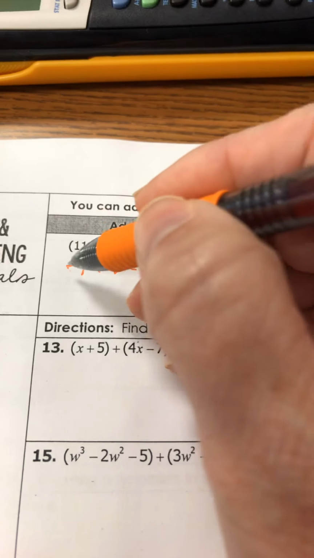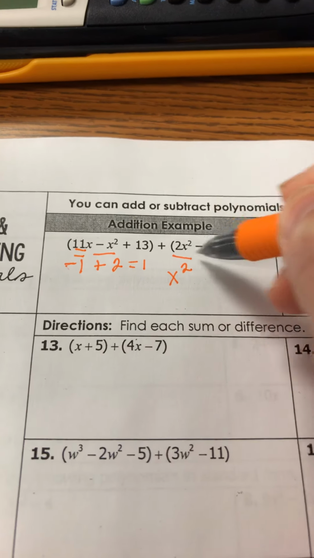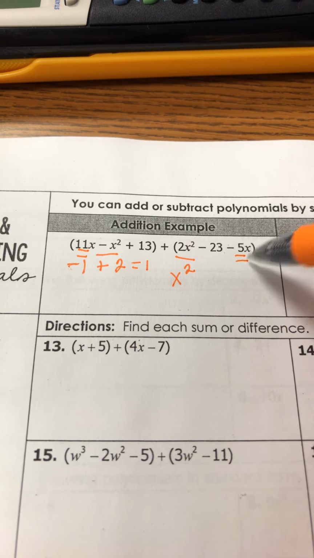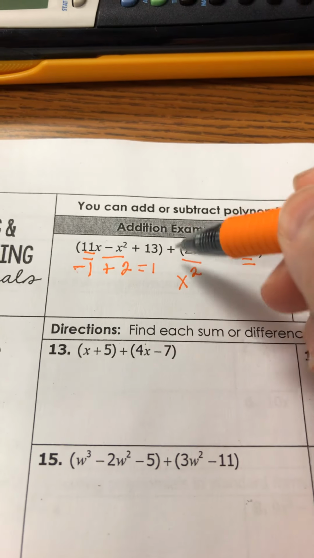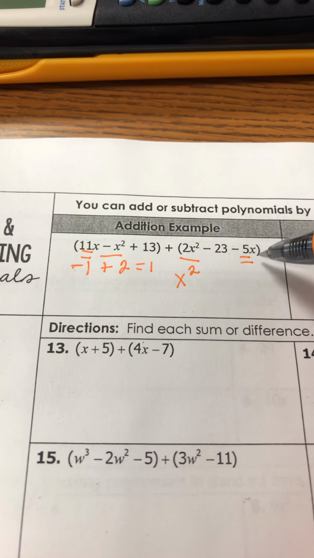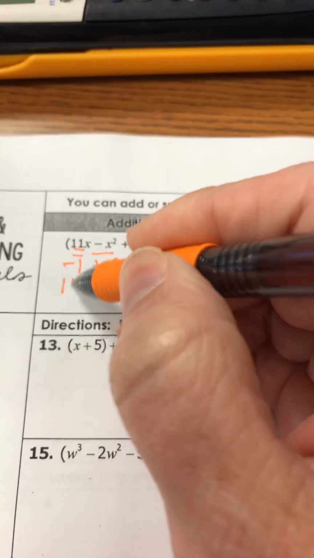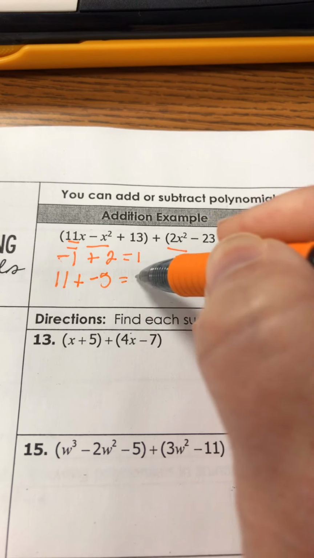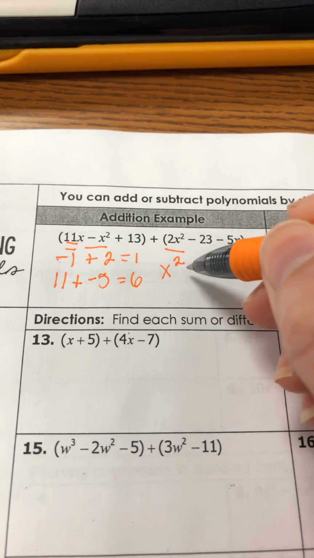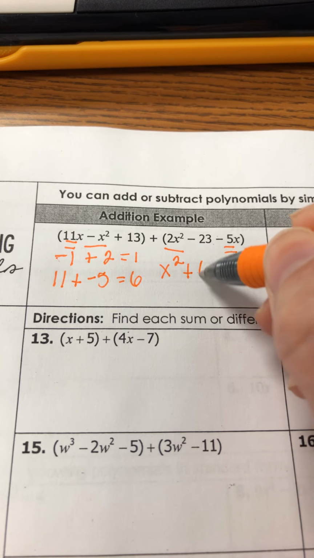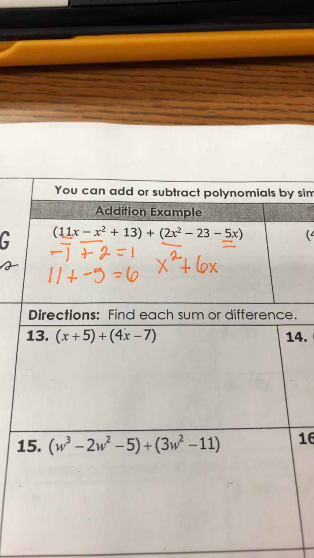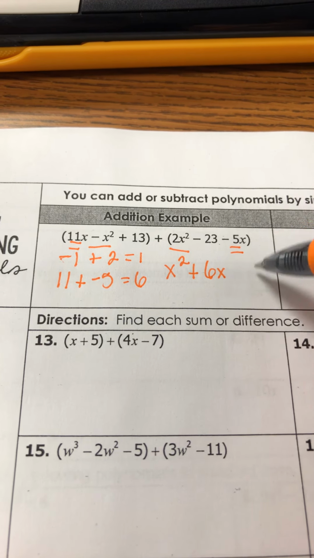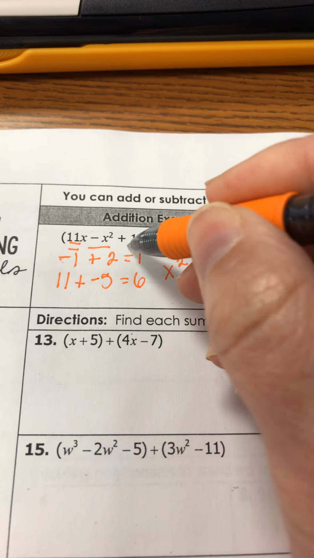Now after x squared, I'm going to step down to regular old x. I've got 11x plus a negative 5x. So I have 11 plus negative 5. 11 plus negative 5 is a positive 6. So I'll have plus 6x. And then after the first power, I go down to 0, which is my constant term.